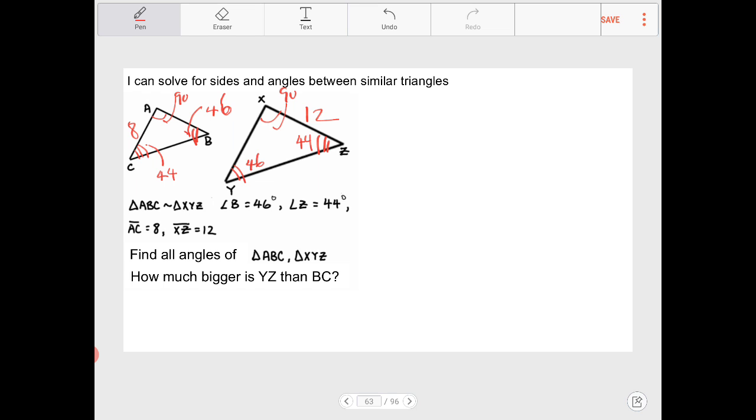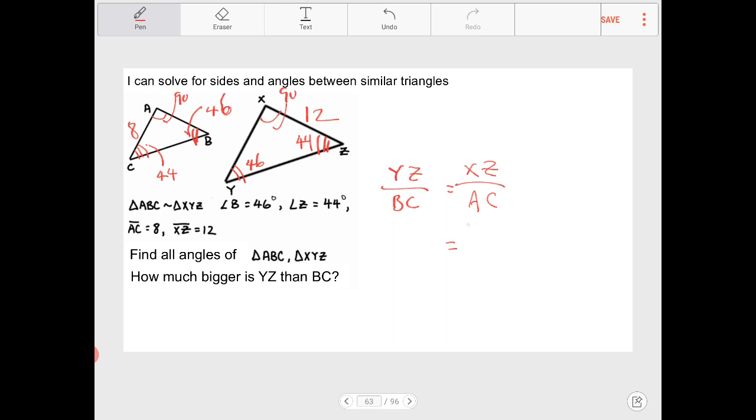Okay, so now that we found all the angles for both triangles, how much bigger is YZ than BC? Well, I know that this is also proportional to XZ over AC.